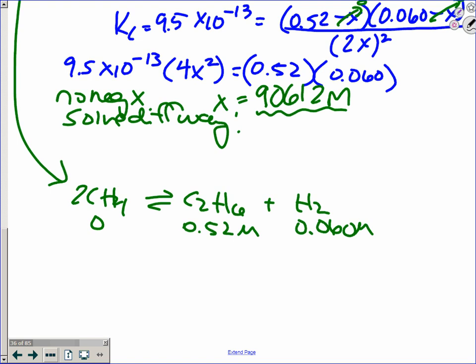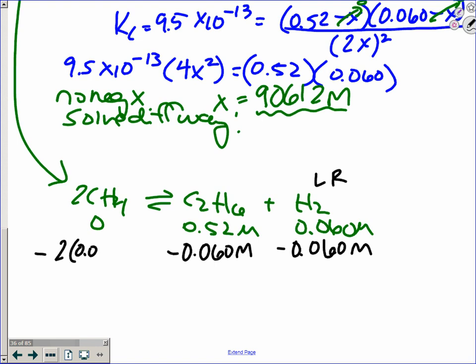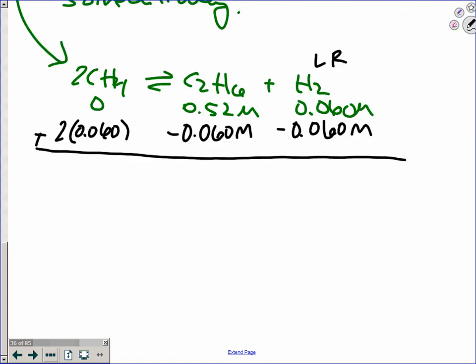Okay, so who's the LR here? Come on, guys. Hydrogen. So subtract the LR in the same ratio, because that's how this stoichiometry works. Subtract the LR in what ratio here? 2-to-1, right? So 2 times 0.060. I'm sorry, that's an addition sign, guys. So subtract, add.